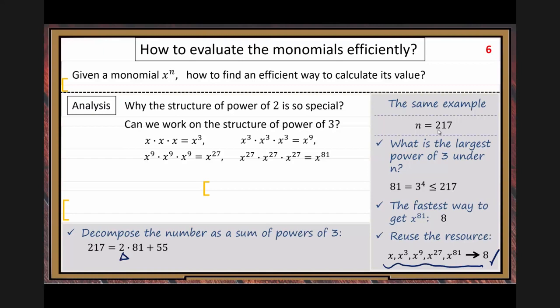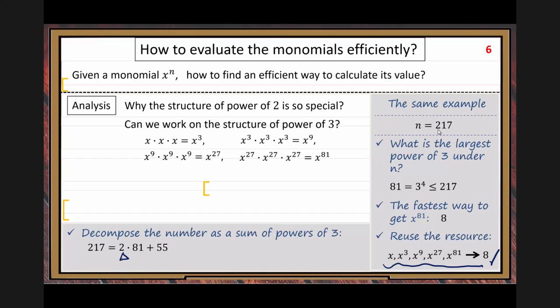Here, in ternary representation, the coefficient can be 0, 1, and 2. We can use 2. So 2 times 81 plus 55.